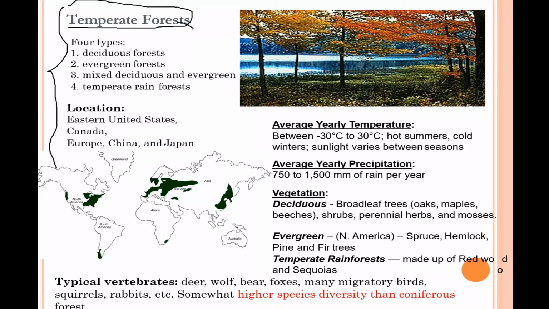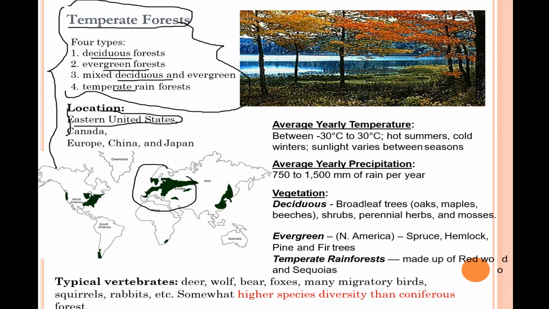As you can see on the screen, there are four types of temperate forests, which include deciduous, evergreen, mixed deciduous and evergreen, and temperate rainforest. Their locations are basically the same as the previous forests we have gone through, including the United States, Canada, Europe, China, and Japan. Now some more specifications, including temperature, rainfall, and vegetation.